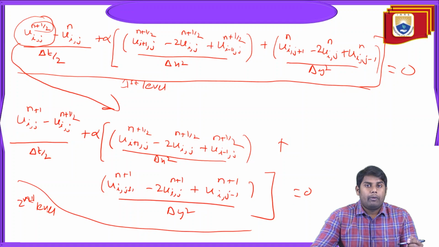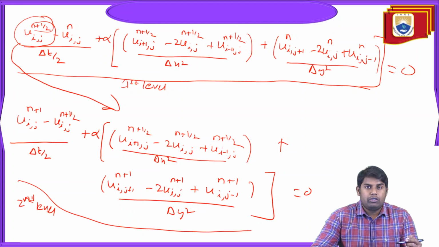Within a full time step, we are dividing into two halves. In the first half we calculate the values along the y direction, and in the second half we calculate the values along the x direction.